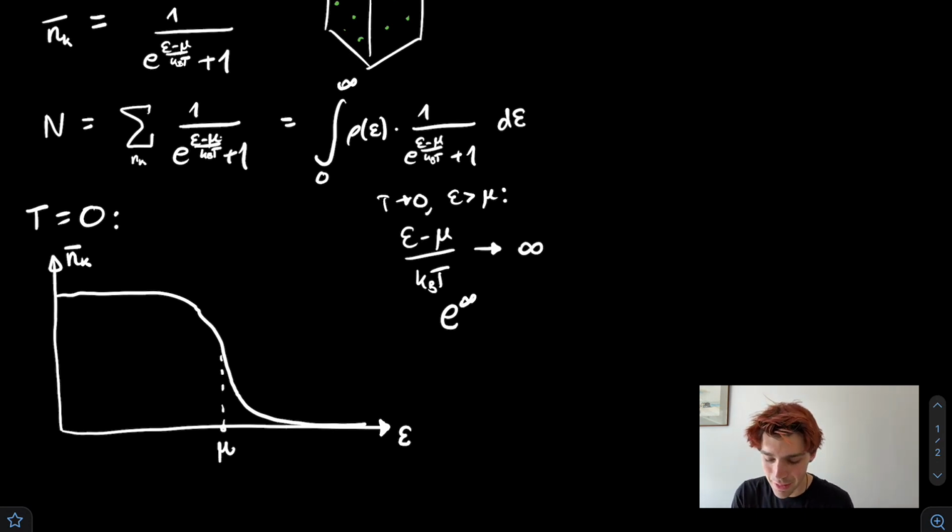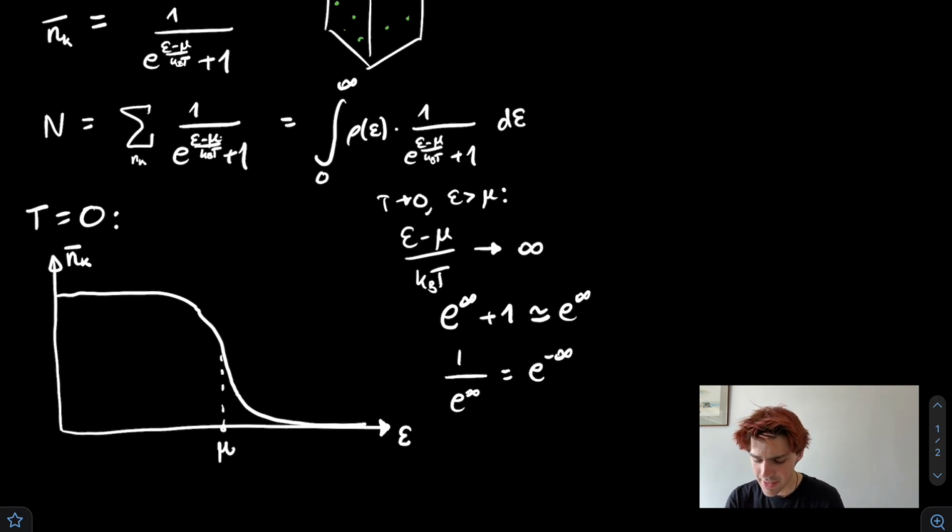So we might as well eliminate this plus 1. e to the infinity plus 1 is basically the same as e to the infinity, proportionally. So we can ignore this plus 1. And of course it's being inverted, it's 1 over e to the infinity, which is equal to e to the minus infinity.